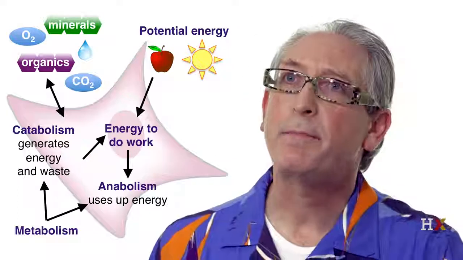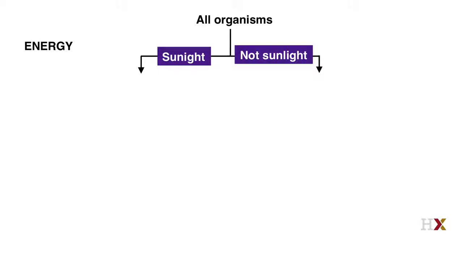Living organisms can be classified based on the source of energy and carbon they use. All the organisms on Earth use one of two sources of energy: sunlight or potential energy stored in food. A living organism using sunlight as a source of energy is called a phototroph.